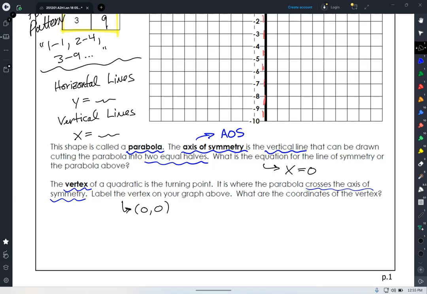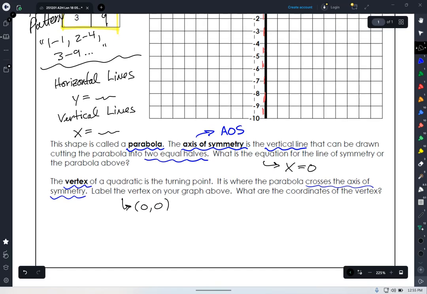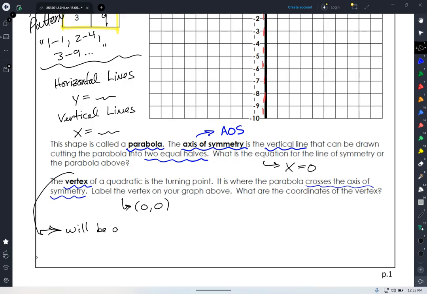Okay, everybody good there? All right, so let's jot that down. So we want to make a note here. Our vertex will be a maximum if the parabola opens down.